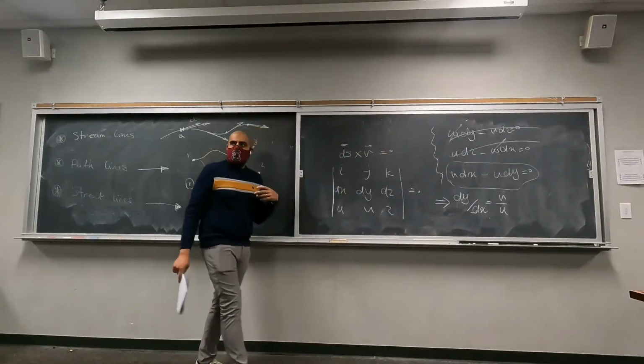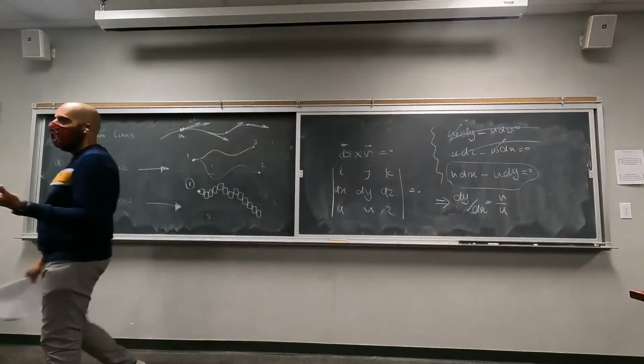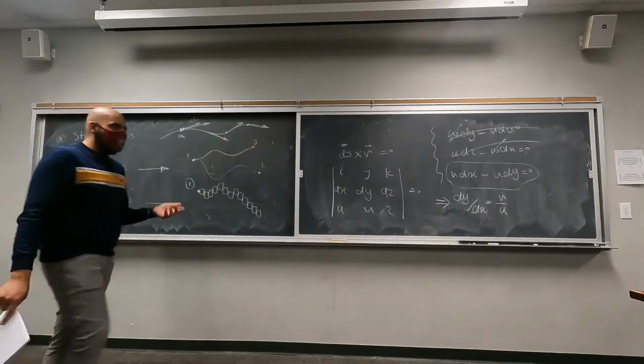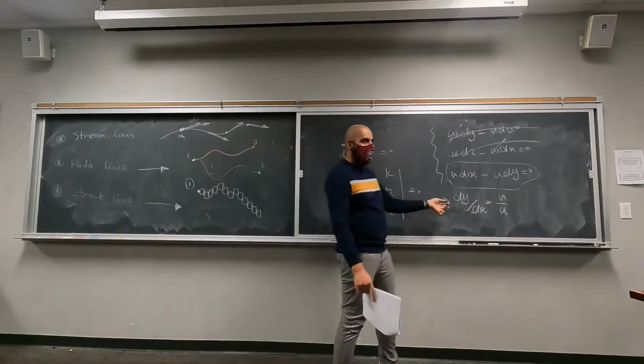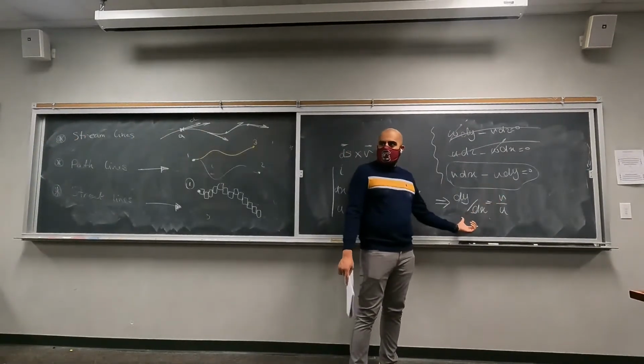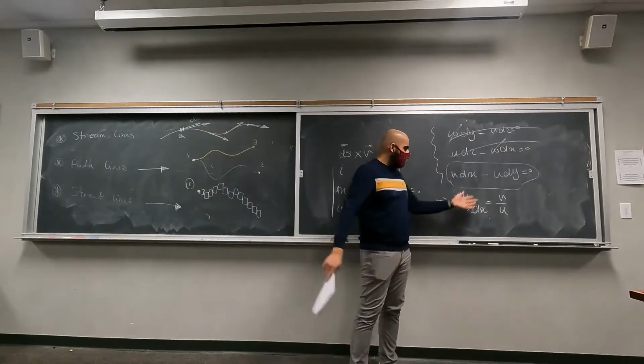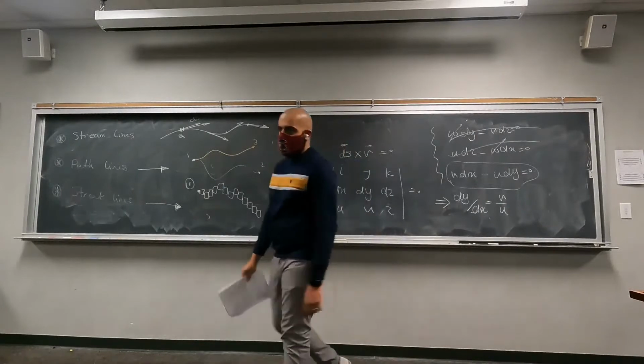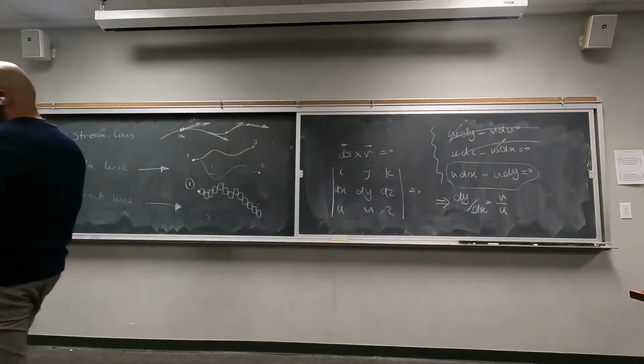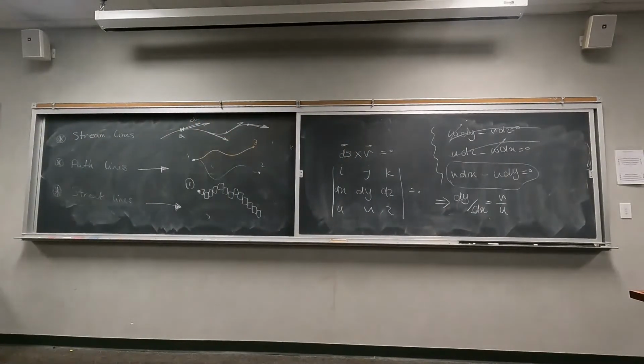Or if you have the equation of the line, this is the slope of the streamline, right? We understand that, hopefully. dy/dx is the slope of this streamline. Okay? So by having the velocity component in each direction, we should be able to find the velocity components. Are there any questions so far?